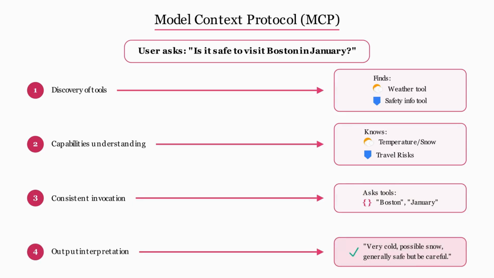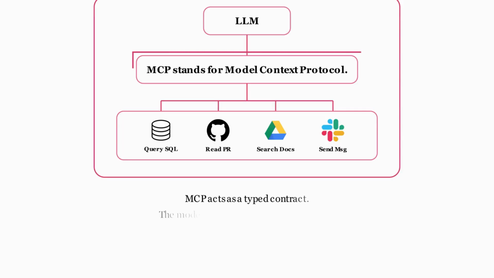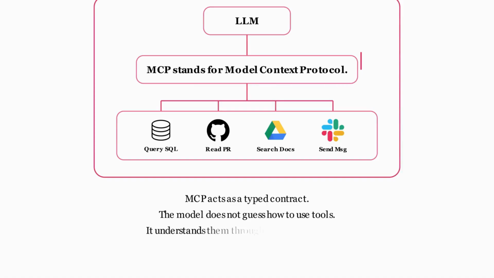It transforms a loose LLM prompt into a typed interaction with external functionality. You can think of MCP as a contract between the model and the surrounding system. So the model doesn't guess how to use tools. It understands them through a defined structure.